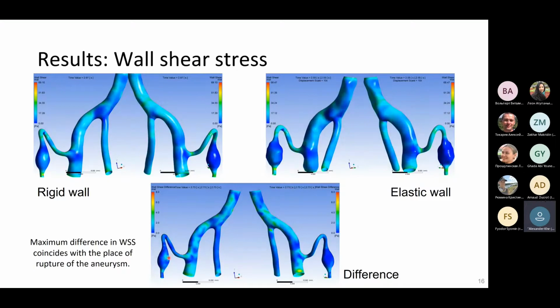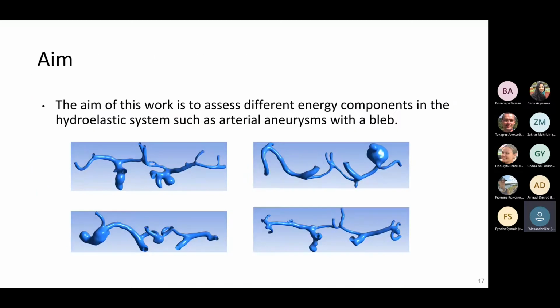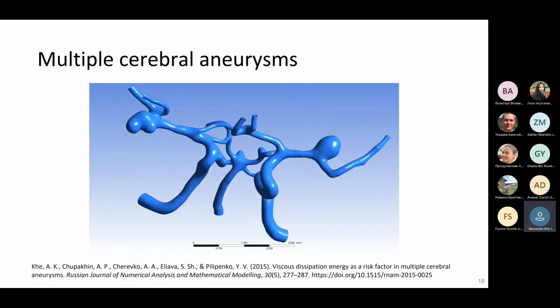And as the neurosurgeon told us, this site was the place of the aneurysm rupture. So if one wants to predict the site of the aneurysm rupture, then probably the rigid wall assumption is enough to guess such a location.